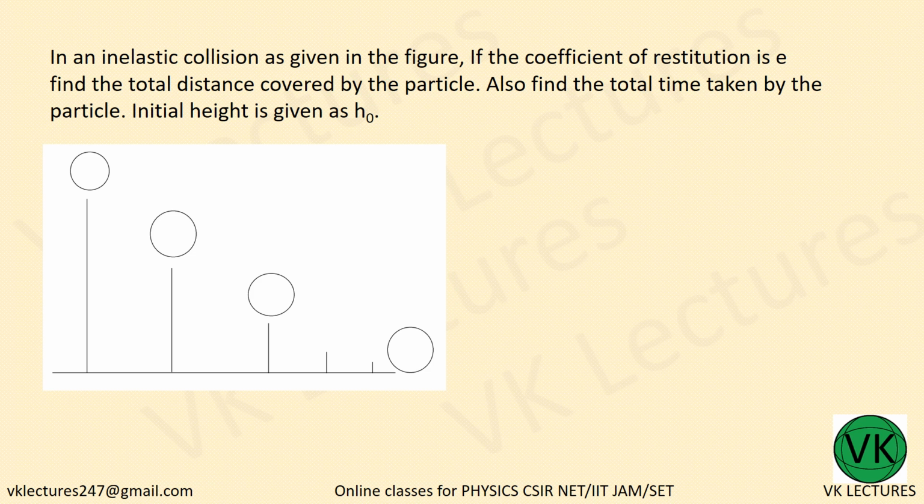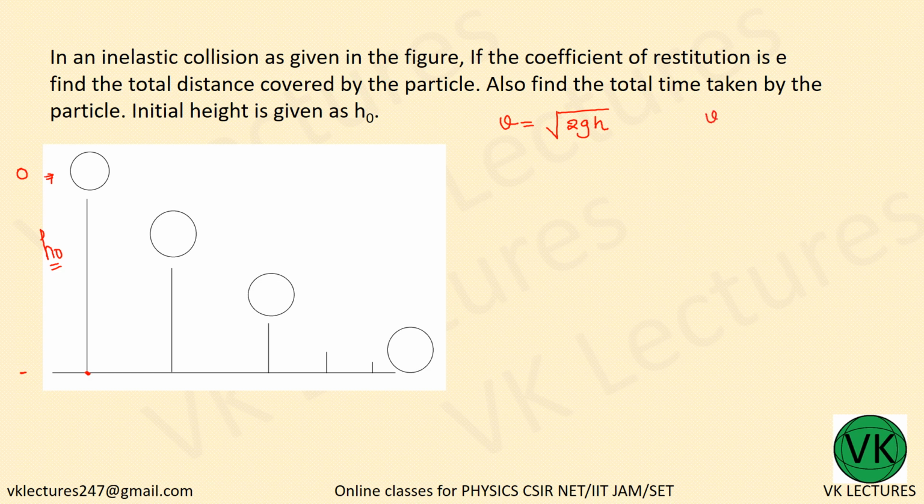So this is given as h naught. Now this is falling from a height, that is, initially it was at velocity 0 and it is coming down and falling here. So it has covered h naught distance. From this, as I said, you can write the velocity when it reaches the ground will be equal to under root 2gh.